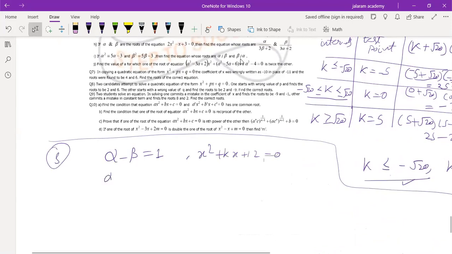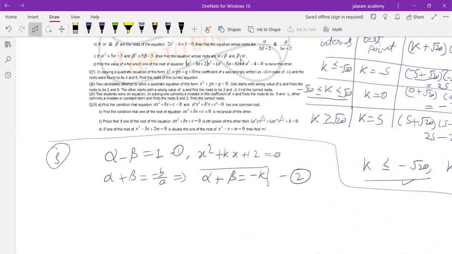Now sum of roots alpha plus beta equals minus b by a, take this as equation number 1: alpha plus beta equals to minus k by 1. This is equation number 2. And product of roots alpha into beta equals to c by a, so alpha into beta equals to c, which is 12. This is equation number 3.